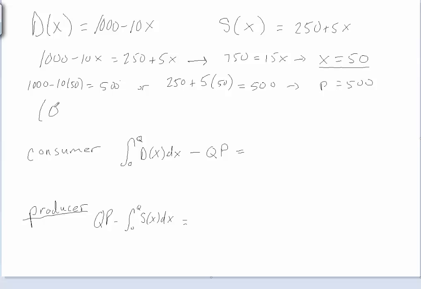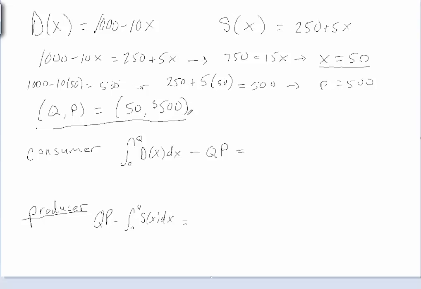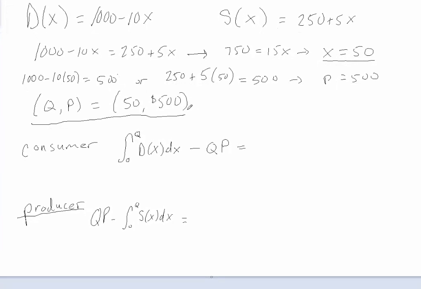So our equilibrium point, QP, is 50 and $500. So at a price of $500, consumers are willing to buy 50 of a product, and producers are willing to sell 50 at that price.